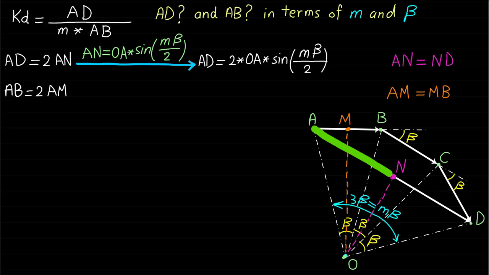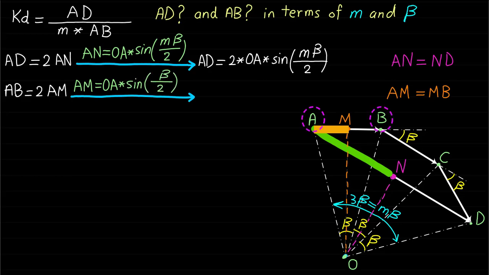By focusing on the triangle OAM, AM equals OA sine beta over 2. Therefore, the phasor AB will equal 2 OA sine beta over 2.